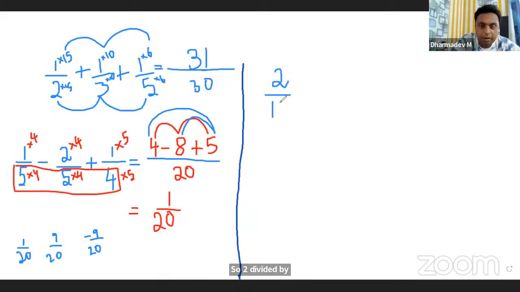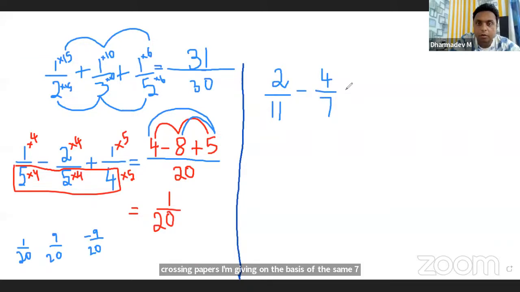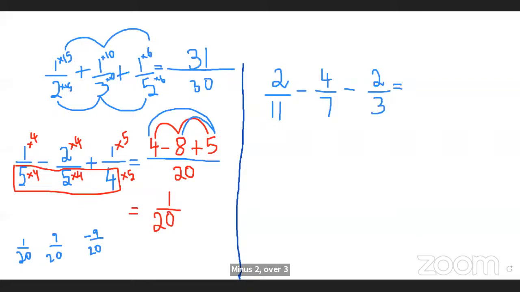I'm just giving quite bigger numbers because usually whatever is there in your question papers, I'm giving on the basis of the same. 4 over 7 minus 2 over 3. Your time starts now.